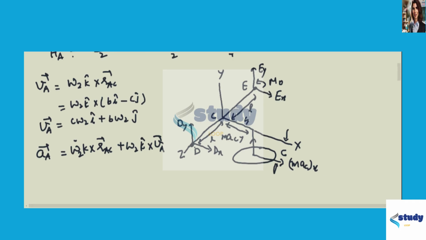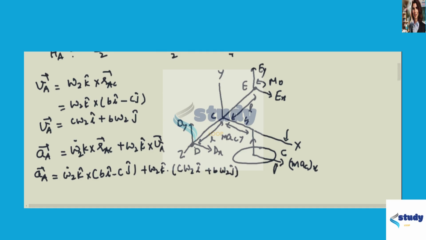So it can be written as omega 2 rate into RAC, where RAC is BI cap minus CJ cap, plus omega 2 k cap cross C omega 2 I cap plus B omega 2 j cap.